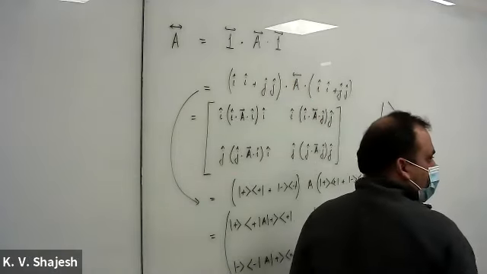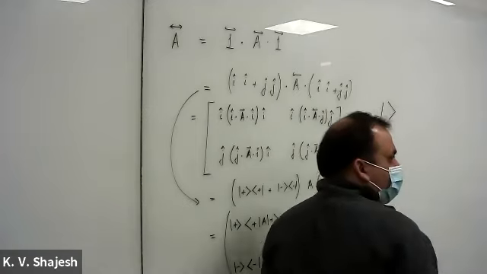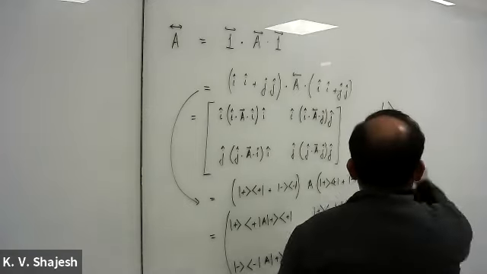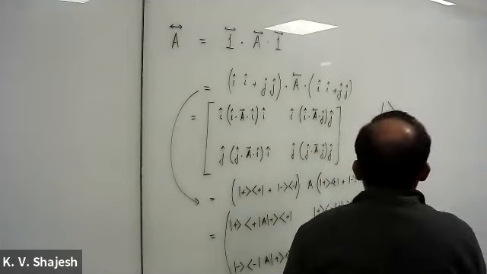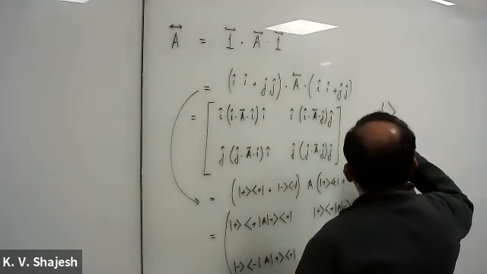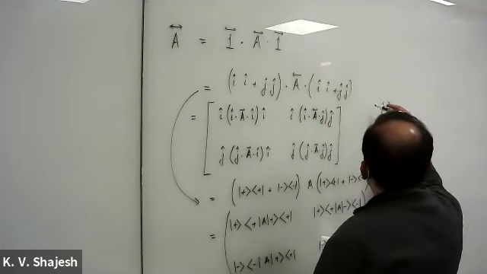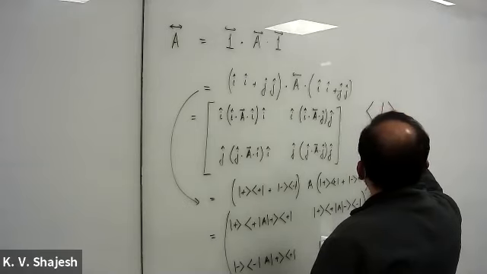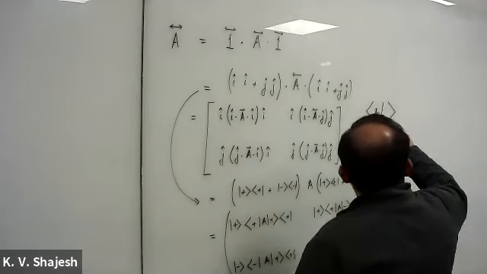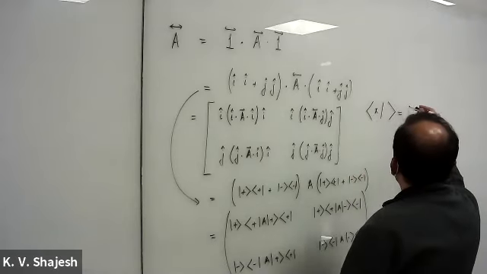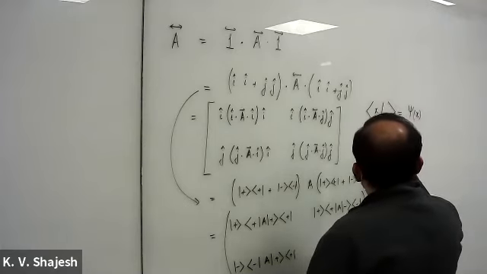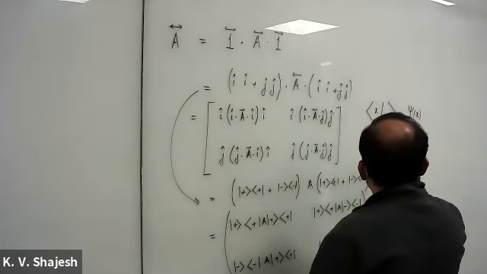When you write nothing in it, this is an arbitrary vector. If you want, these are components of it. Now, you project this in a particular basis. It could be an x basis or a momentum basis. So this is a wave function in the position basis.